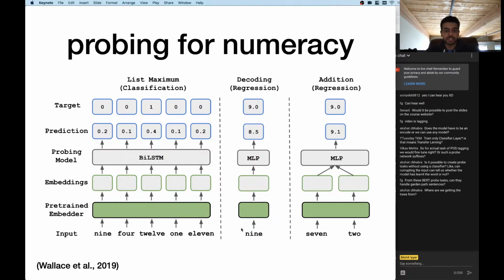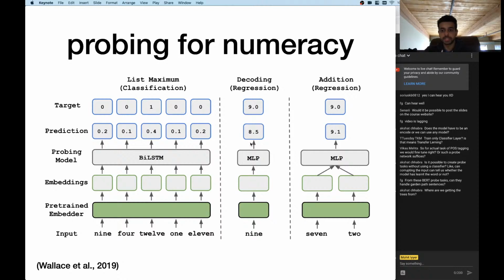Another task is just translating a number written in natural language into numerical form. So given NINE, this token, we would pass it through our BERT model and then put a regression model over this.